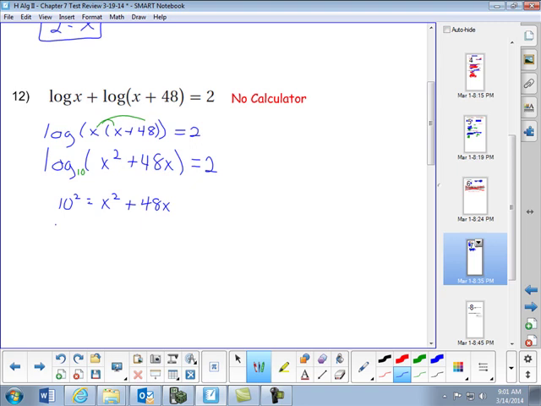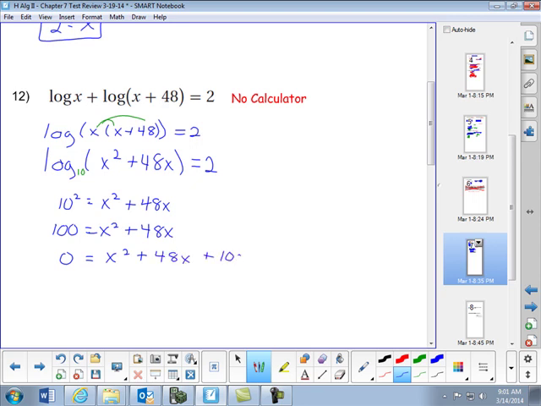Well, 10 squared is just 100, so we're going to say we have 100 equals x squared plus 48x. This is quadratic, so we got to get this 100 over, so we get 0 equals x squared plus 48x plus 100.